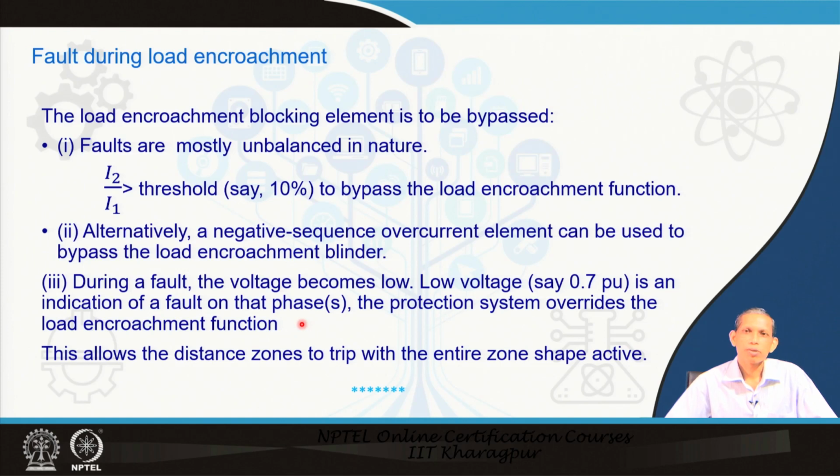So, what we see from all this is that load encroachment is a problem for heavily loaded lines or long lines, and also associated with zone 3 of the relay. To overcome that, there are different options available, including the load encroachment function.